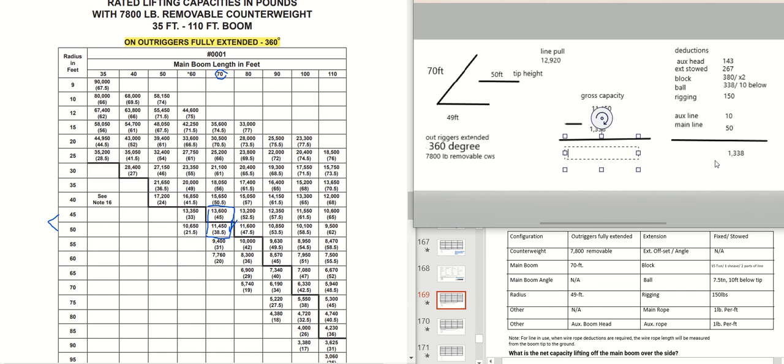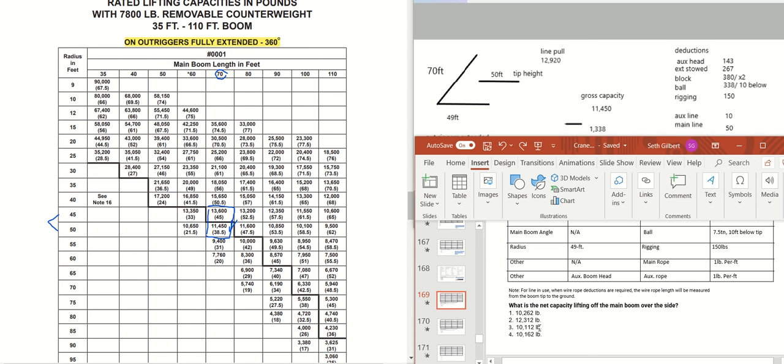And that is going to be our answer. And let's see what answer that is down here. That's going to be 10,112. Did I say 11,000? Yeah, 10,112, and that is the correct answer for this chart.